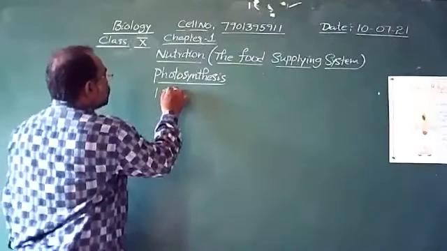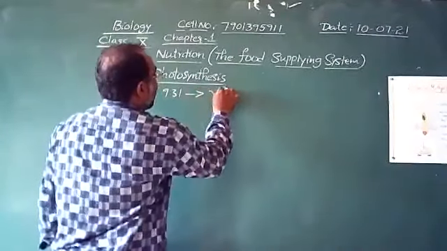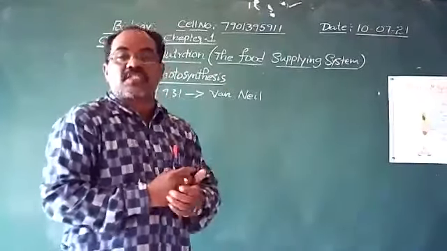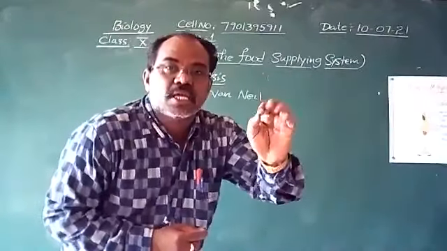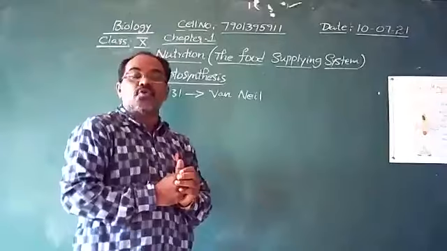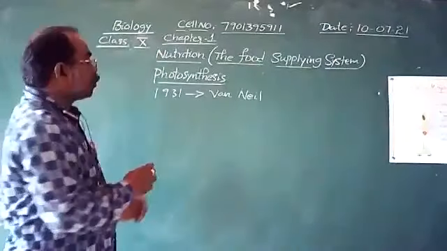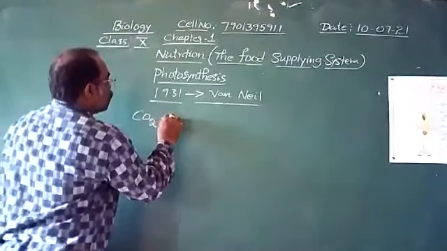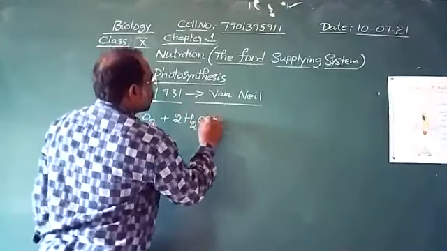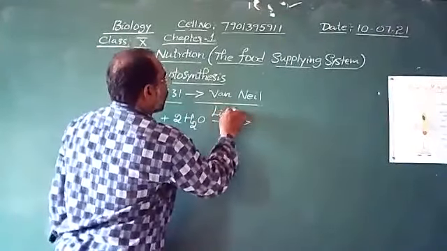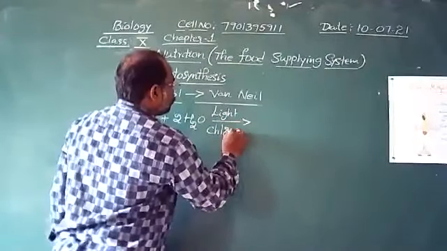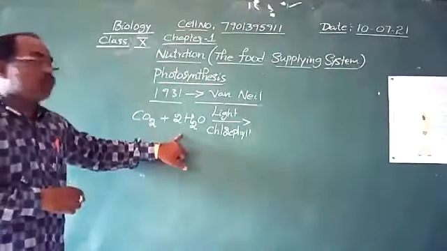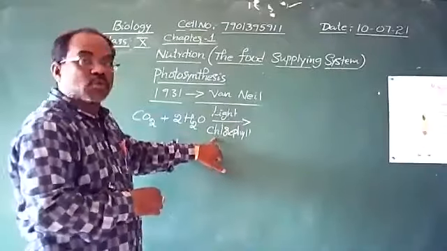In the year 1931, Van Niel conducted an experiment on the photosynthesis process. He proposed a simple equation of the photosynthesis process by using factors. That is, CO2 plus 2H2O, in the presence of sunlight and chlorophyll.